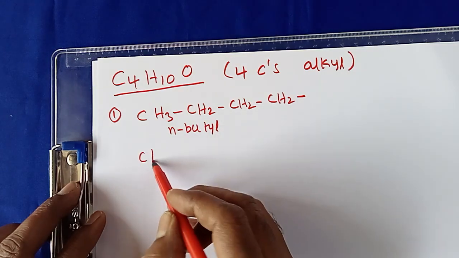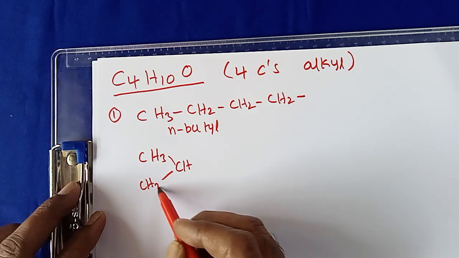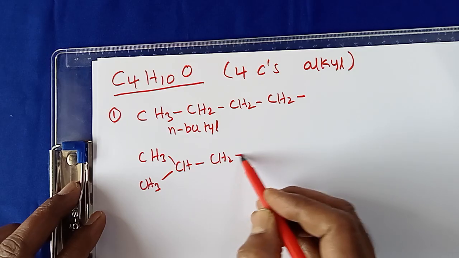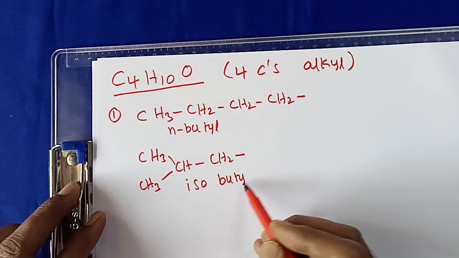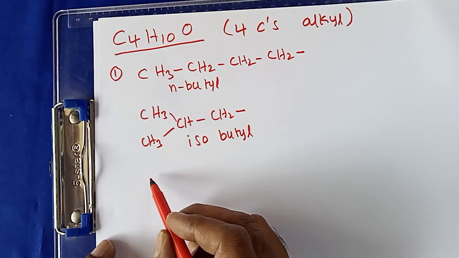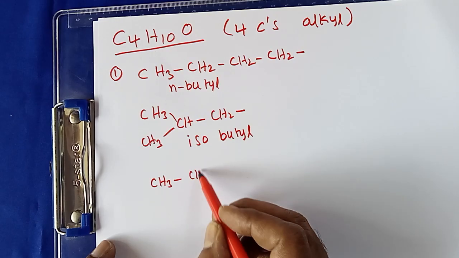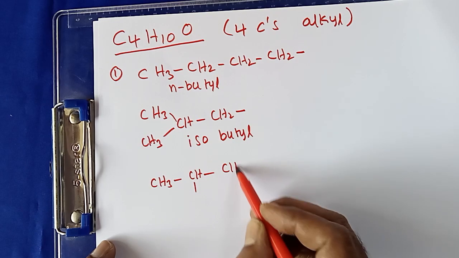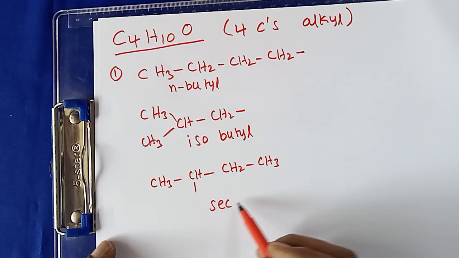Next one is isobutyl. CH3, again CH3, CH2 bond. This is isobutyl. Trick purpose, trick 2. Next, secondary butyl. CH3, CH bond, CH2, CH3. What is this?